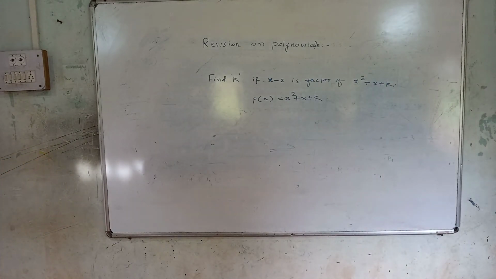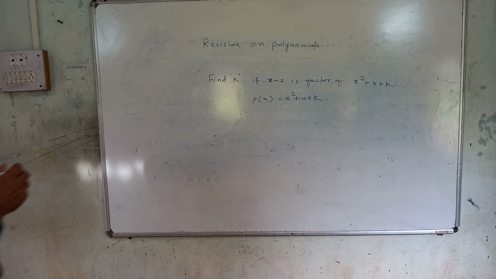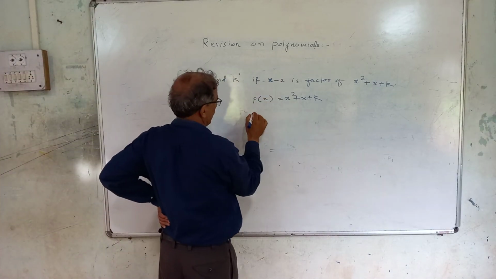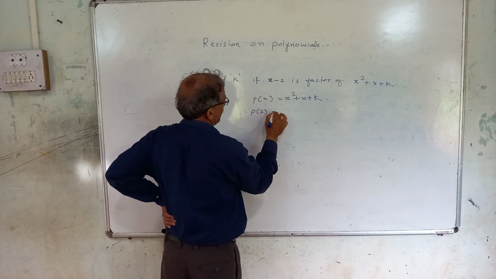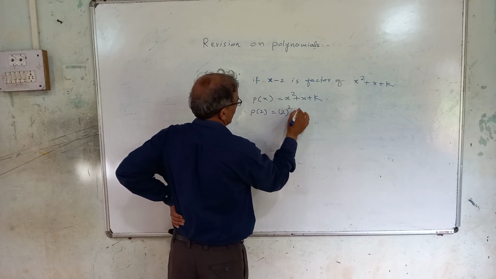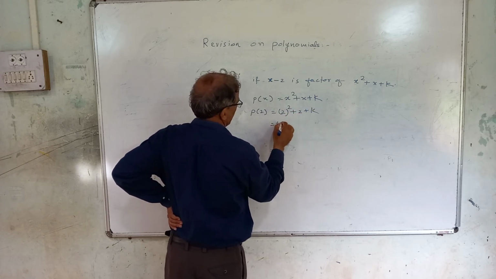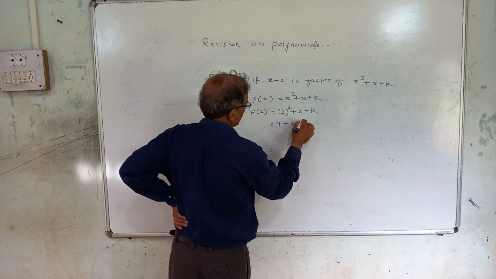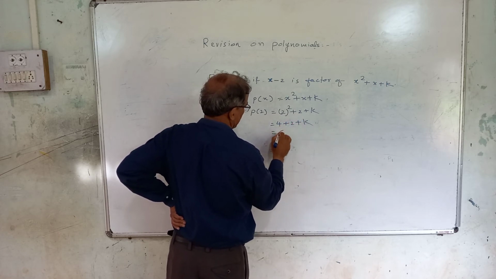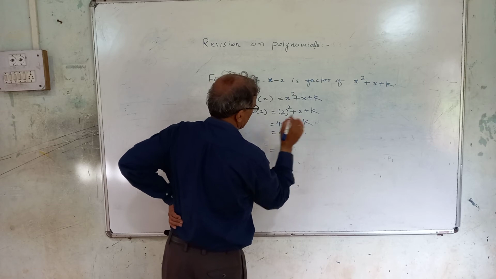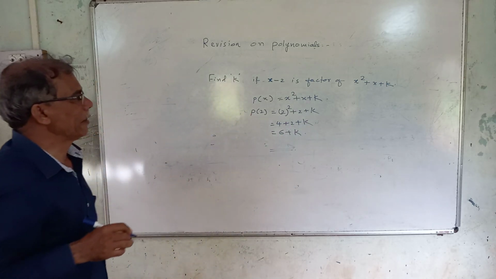So to get the remainder, we have to substitute in place of x which value? The opposite of minus 2, which is plus 2. So p of 2 is equal to 2 square plus 2 plus k, or that is 4 plus 2 plus k, and that is 6 plus k. Now what is given?